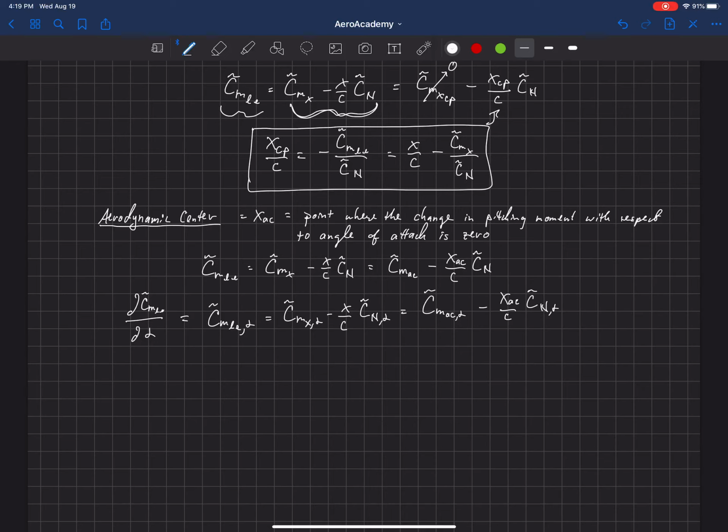Okay, so what we're trying to do is find the aerodynamic center, XAC over c. We're trying to solve for this. Now, by definition, that location is the point where the change in pitching moment with respect to alpha is zero. So that means that this term is zero. If you look at the pitching moment at the aerodynamic center and look at the change with respect to alpha, that has to be zero by definition.